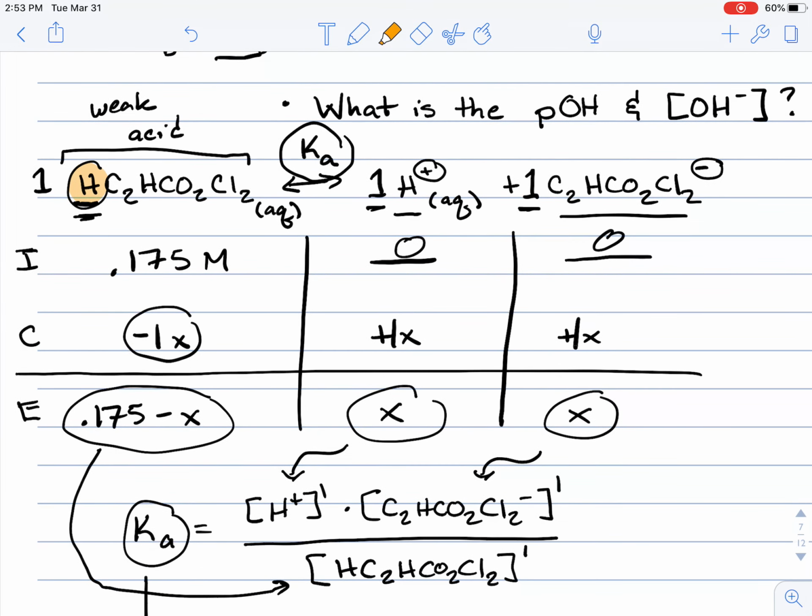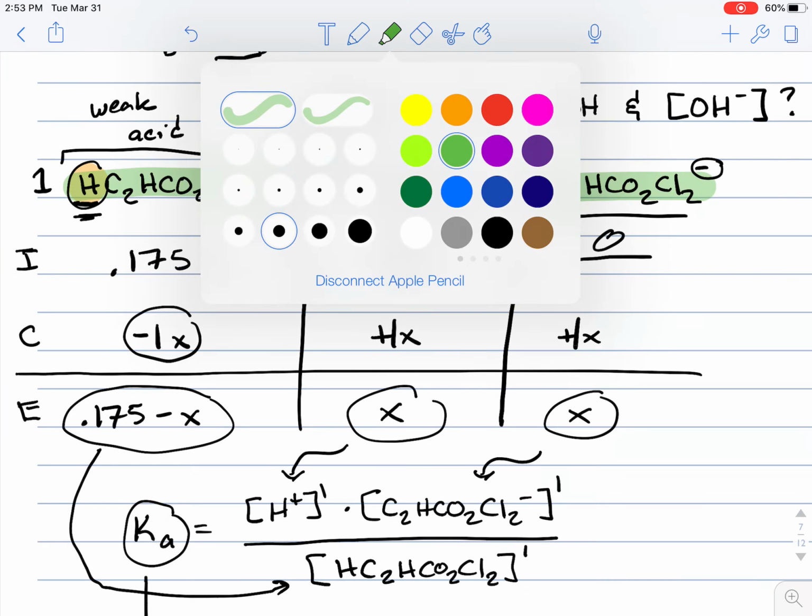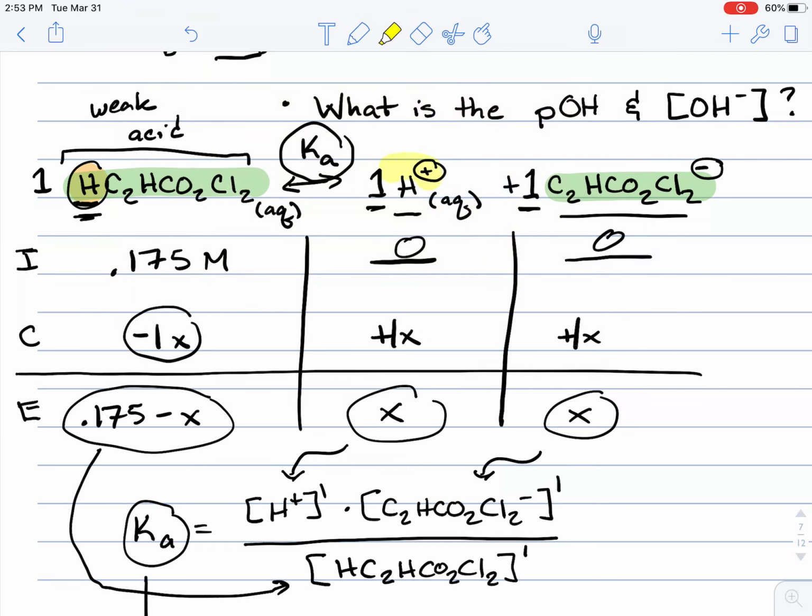And so if we're taking a look at our chemical equation, this is our dichloroacetic acid. And so that's not really going to give us the equilibrium concentration of the hydrogen ion that we're looking for. Same thing with the conjugate base. So the only thing that's going to give us the pH is if we solve for the concentration of H+ at equilibrium. And so that value is going to be determined by x.